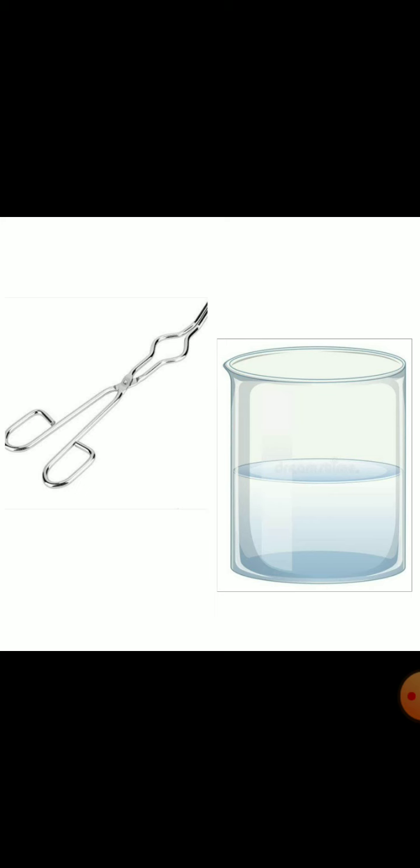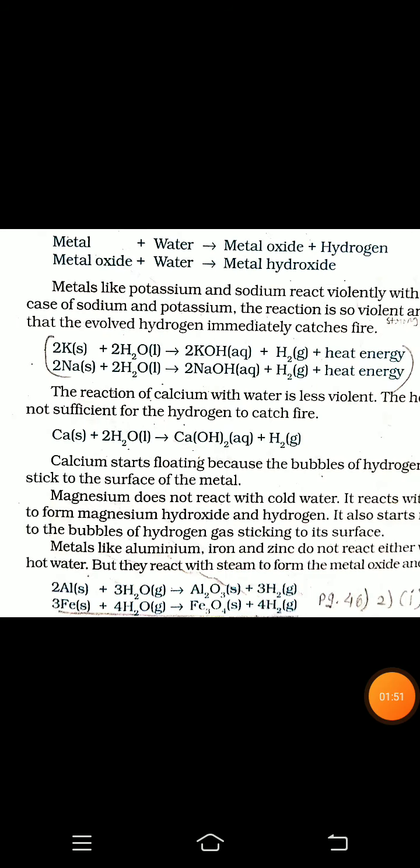But all metals do not react with water, remember. Refer to the first two chemical reactions. Metal plus water gives metal oxide plus hydrogen. This is the common reaction for metal and water. When metal reacts with water, it forms metal oxide and hydrogen gas.